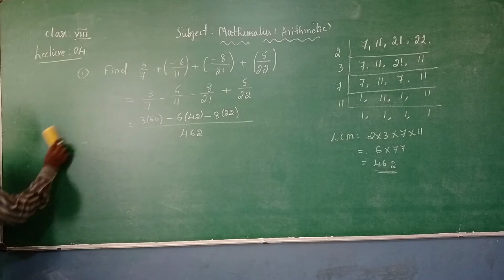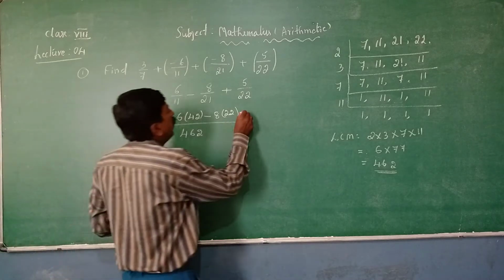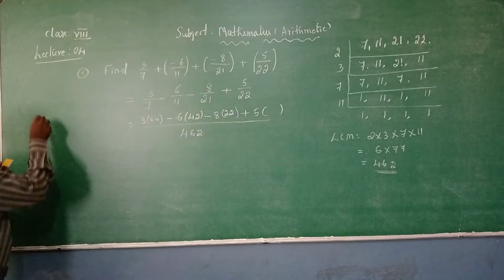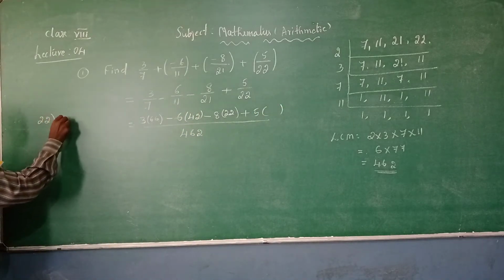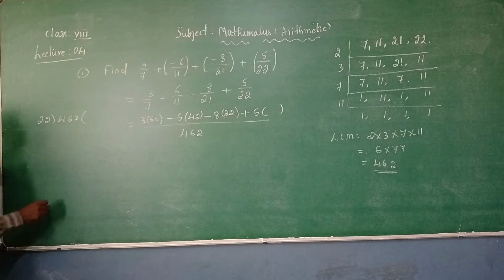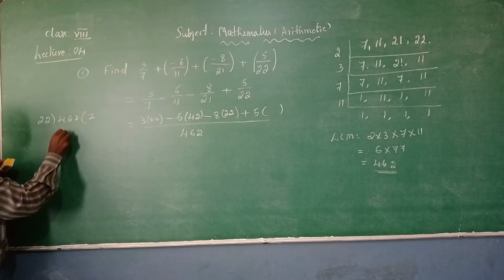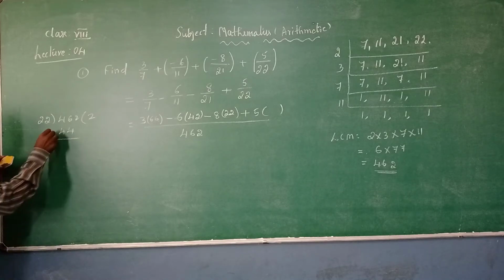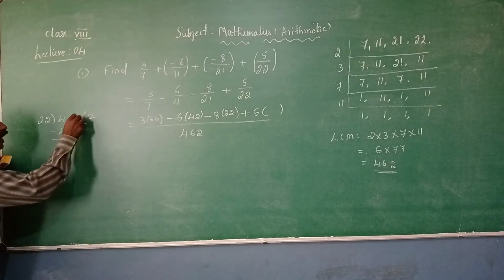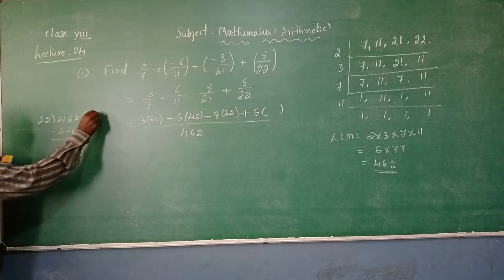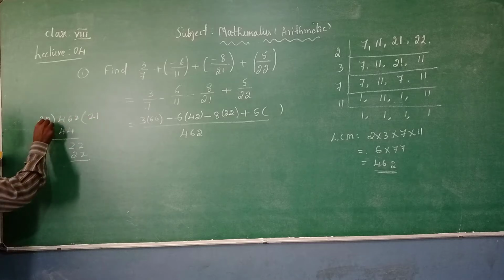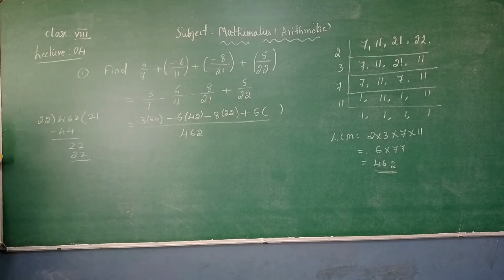Now again, and last one, plus 5 by 22. 22 divides 462: 22 2s are 44. 46 minus 44 is 2. Again you can take 2. 22 1s are 22. So the remainder is 0.